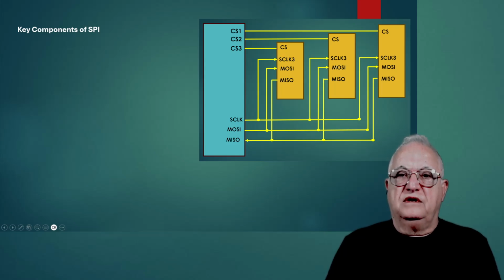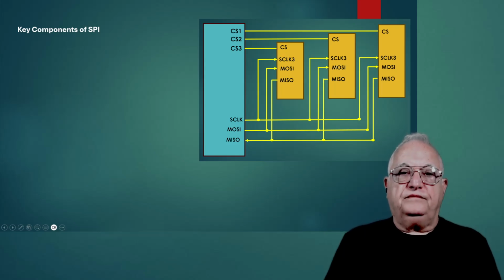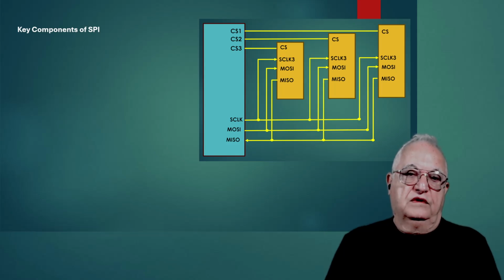It needs to enable the sensor, talk to it, and then disable it by bringing this line high or low. The same thing applies to the three lines. Then we have the clock that we send, the same clock, to all 3 sensors. Then the master out, slave in message, and the master in, slave out, which is also used for a message from the sensors.